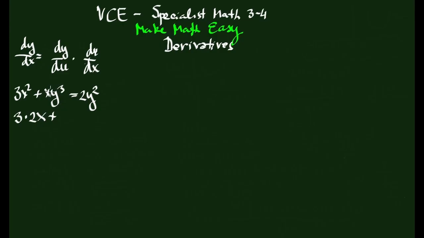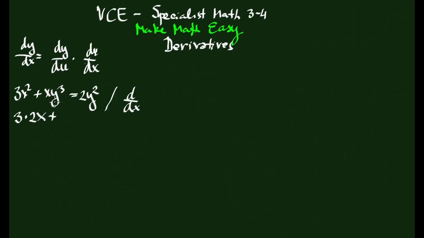How do we differentiate a product? That's also one of the rules. So we want to differentiate both sides in regards to x. That's what we said.